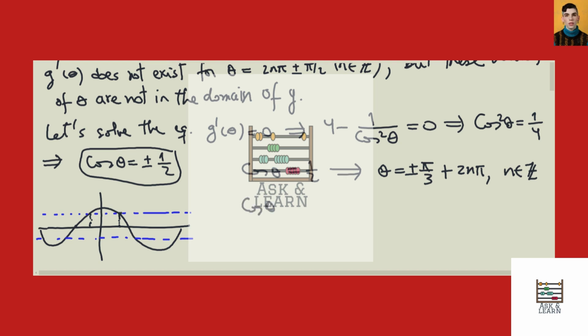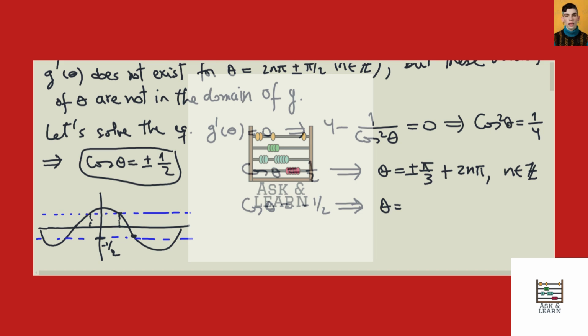And for cosine of theta equal negative 1/2, we look at negative 1/2 here. The positive solution is this one here.